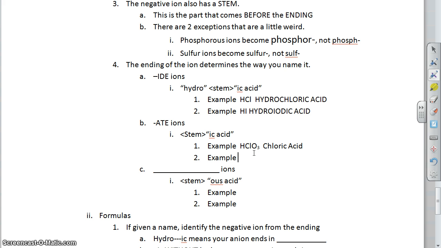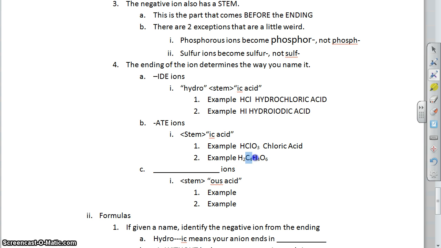One other example, let's go with H2C4H4O6. Now what in the world is that? Well, I told you before it would always just be hydrogen and then a negative ion. In this case we have two hydrogens, but that makes absolutely no difference whatsoever. That first hydrogen is our acid hydrogen. That tells us it's an acid. There's another hydrogen later, but why is it in there twice?